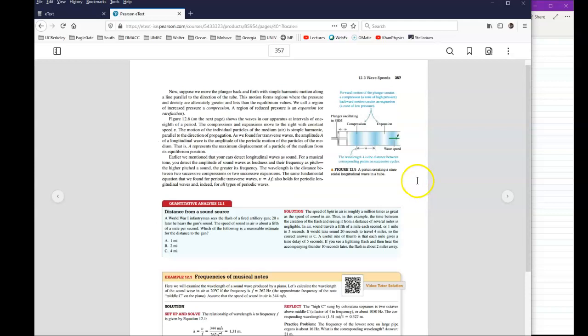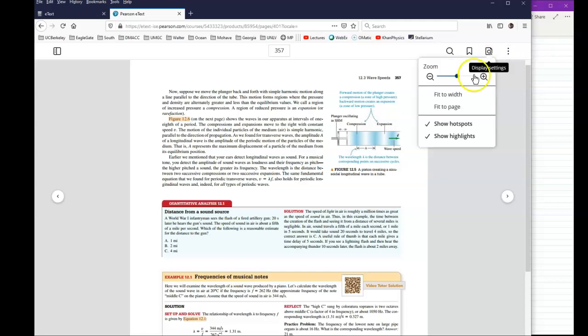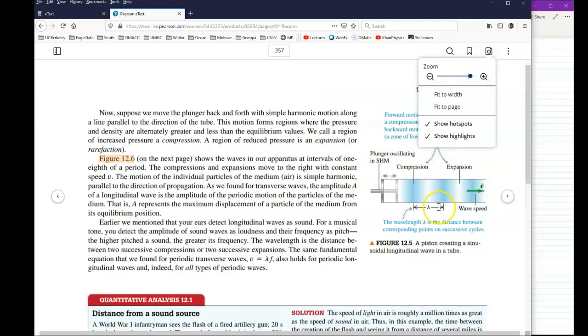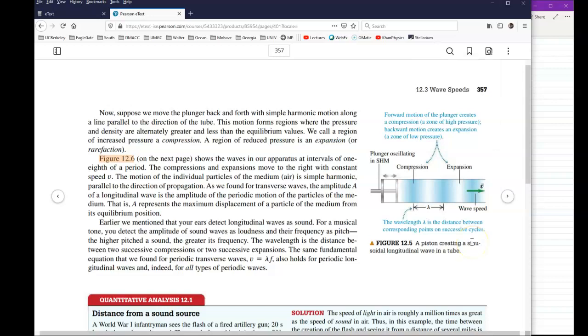And then this is an example right here, this diagram right here. Let me make it bigger. This is an example. It's not really a very good example of a longitudinal wave, but as you can see, this blue color, and then you get this white color here and so on.